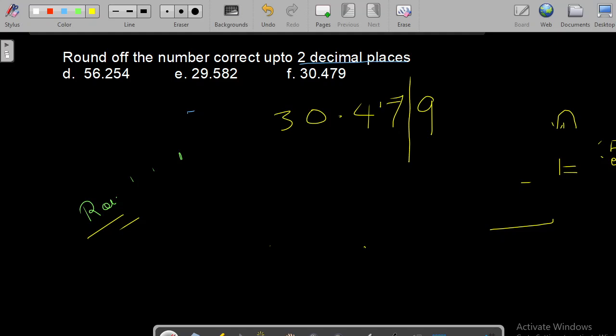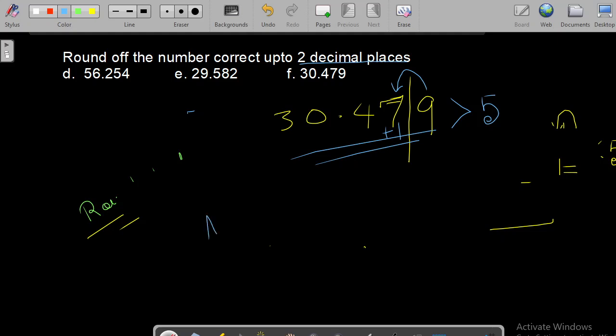If I cut off, then after the cutoff line, the digit here is 9. This 9 is basically greater than 5, so it doesn't fall in this case at all. But this is a case of the previous case, the first case I discussed. So here, since 9 is greater than 5, the digit immediately preceding this digit 9 is 7. We add 1 to the immediately preceding digit.